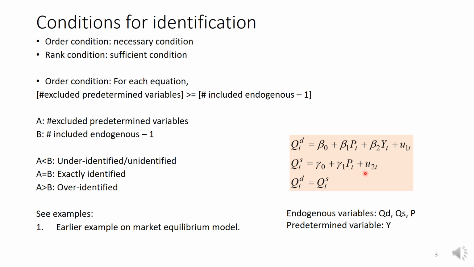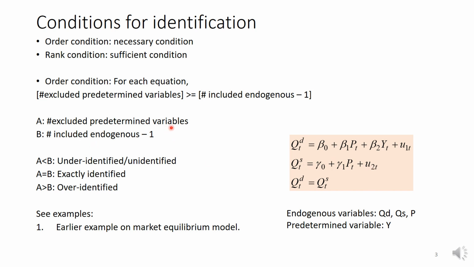Now if you look at the supply equation, we have QS and P. These are the endogenous variables that are included. Therefore, B would be equal to 2 minus 1. So B is 1.